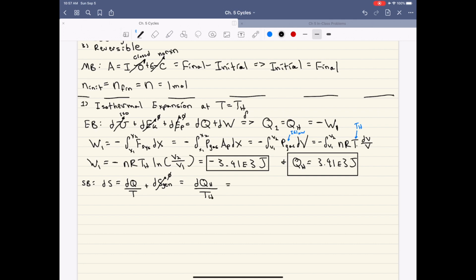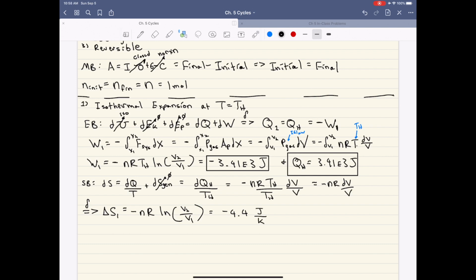And we could plug in from our energy balance nRTH divided by TH, dV over V, which is nR dV over V. If we integrate that out, what we get is that the change in entropy in step 1 is equal to nR natural log volume 2 over volume 1. This is the same result that we have seen before as well. So if we plug in here, we get that the change in entropy is 4.4 joules per Kelvin.